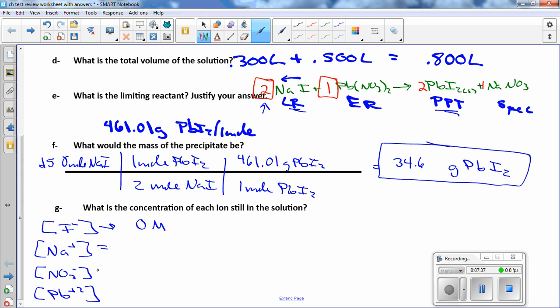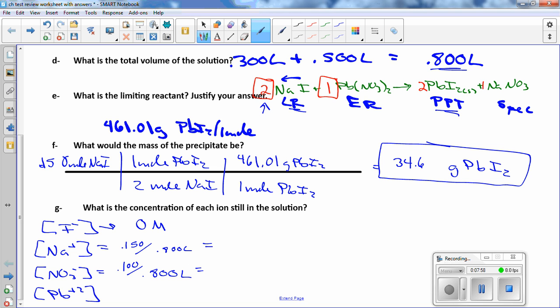And these two are my spectator ions, so the denominator, that's my total volume, 0.800 liters. And then I just take my initial moles from memory. We have 0.150 moles of this and 0.100 moles of that.